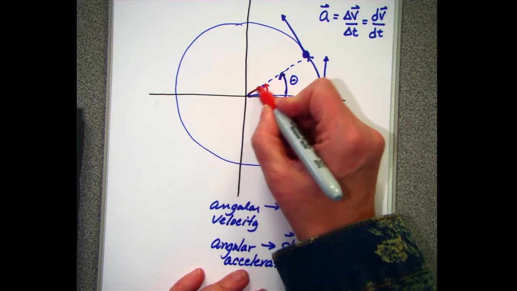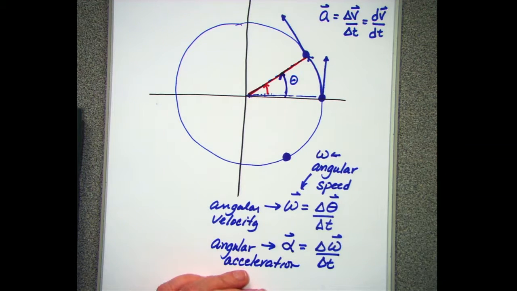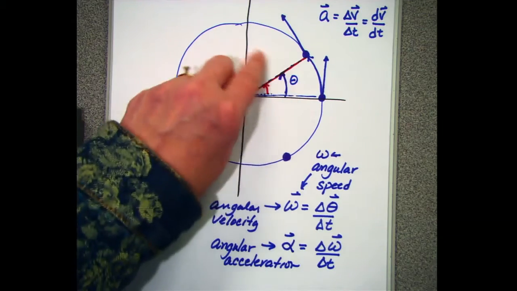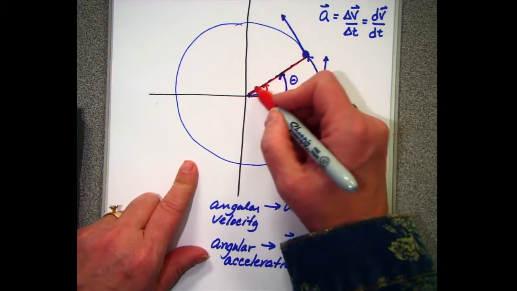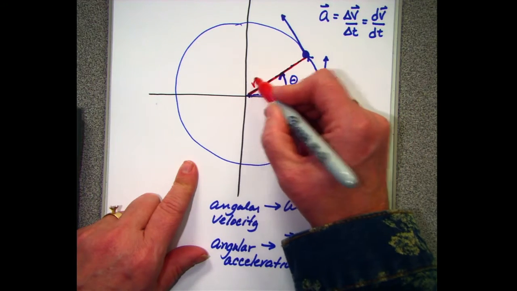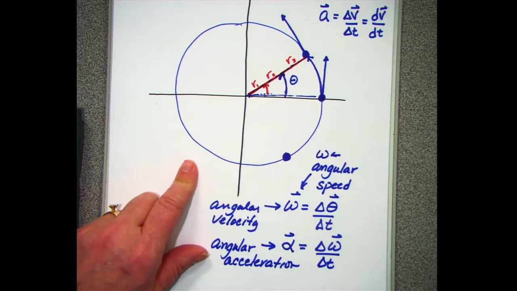This line, no matter what I do as I'm going around that pivot point, is always going to be traveling at the same angular speed, because I'm always changing this angle with respect to time. Now, the farther away that I am, this R is R1, this R is R2, this R is R3.